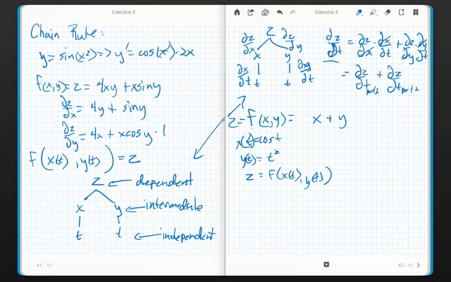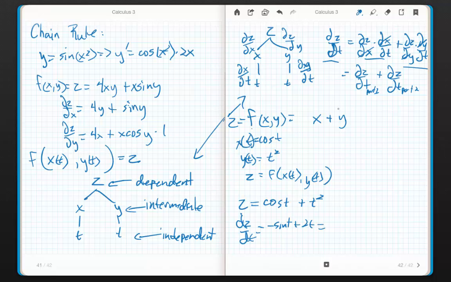So z is kind of like a function of t. Now, let's see if the derivatives work out the same way that they should. We're going to follow this guy and see what happens. So z, technically, since it's x plus y, is going to be cos t plus t squared, right? So dz over dt theoretically should be negative sine of t plus 2t.